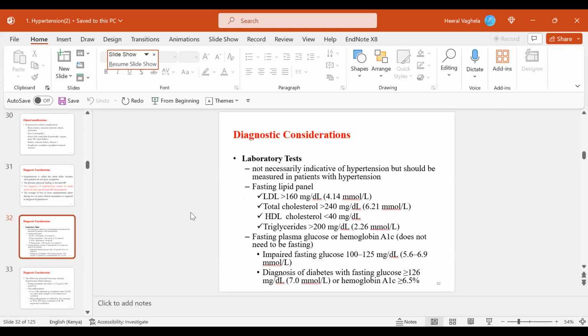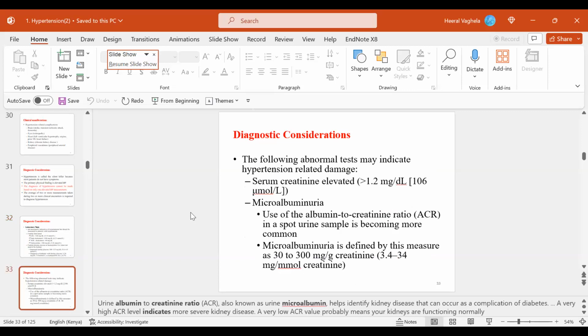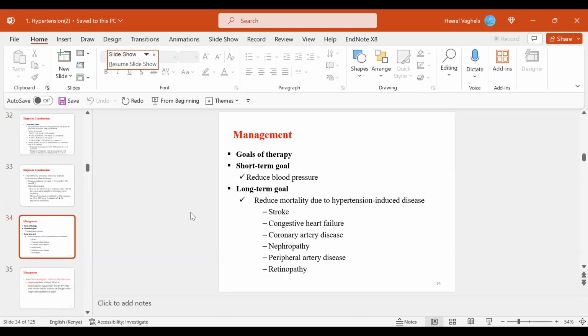So your fasting lipid panels, your glucose levels, and your hemoglobin A1c, HbA1c. Also, because it damages your kidney, you can test for serum creatinine level and your albumin to creatinine ratio.